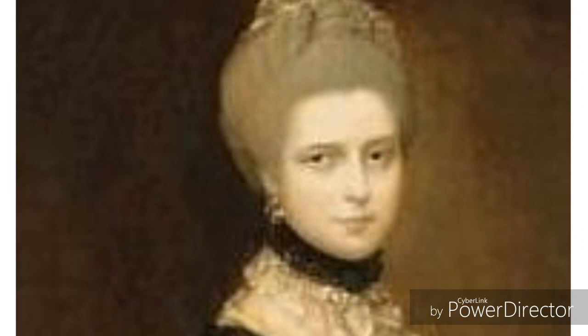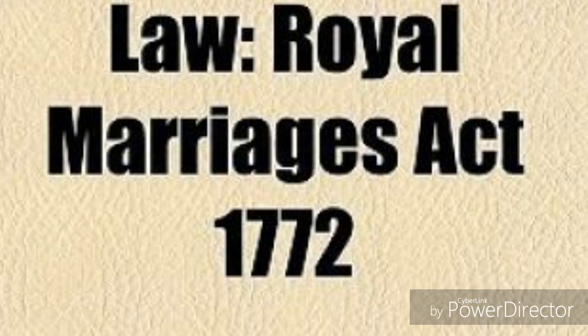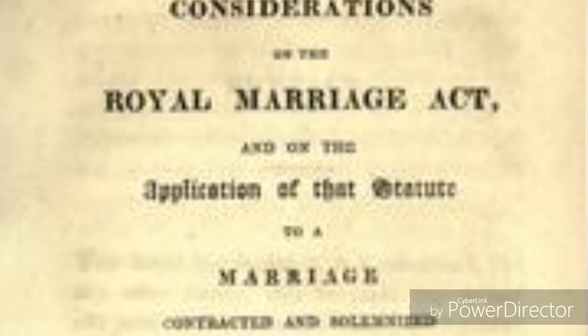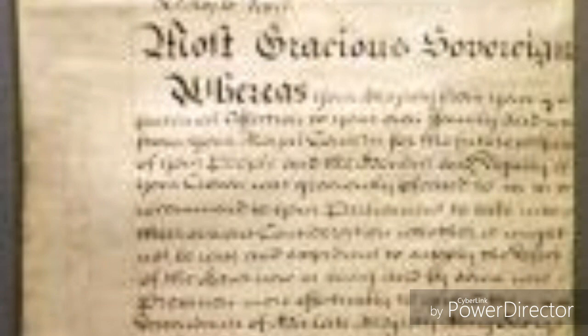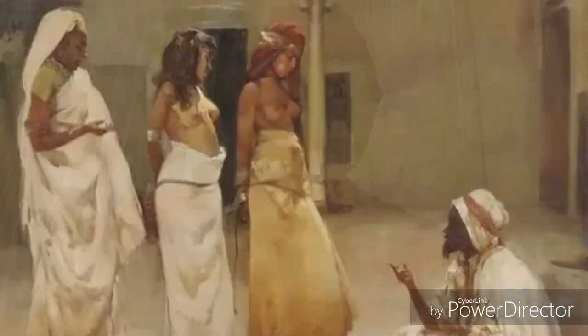So the king insisted that a law be established forbidding those of royal blood to marry without the consent of the sovereign, okay? And this is to ensure order of the royal family, and it's a political means of creating social order, okay?